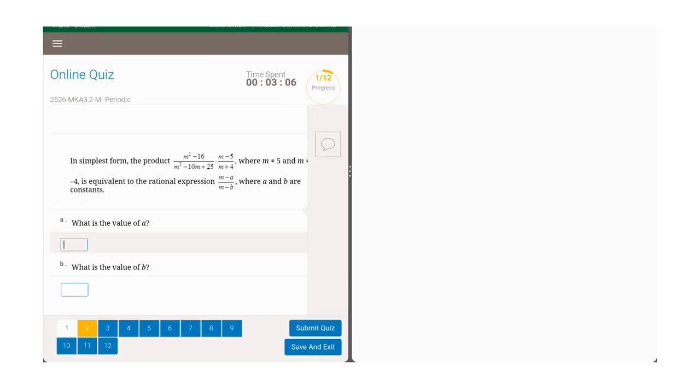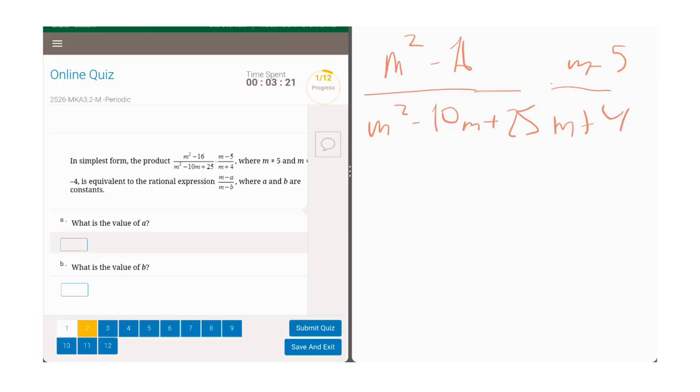Here we need to multiply m squared minus 16 over m squared minus 10m plus 25 by m minus 5 over m plus 4. So we started factoring m squared minus 16, it's a difference of two squares, so it's going to be m squared minus 4 squared.